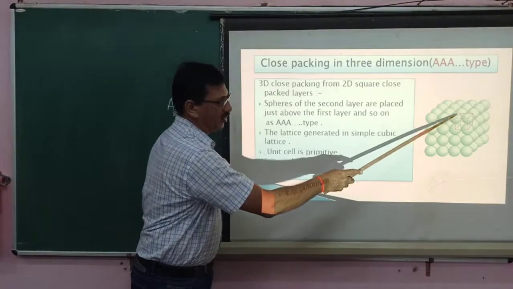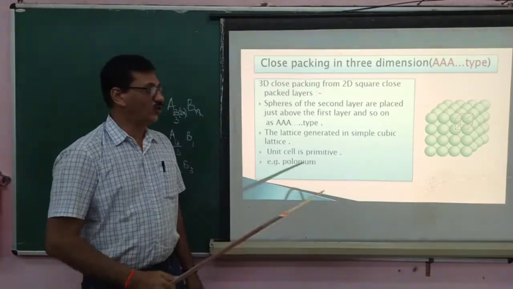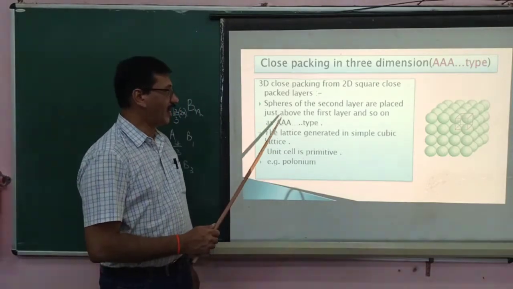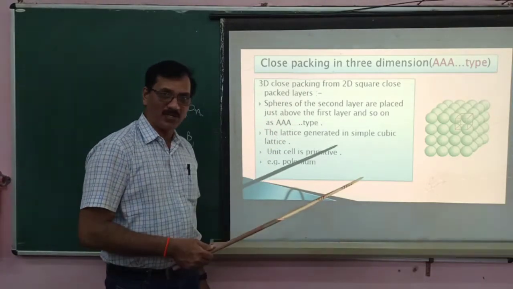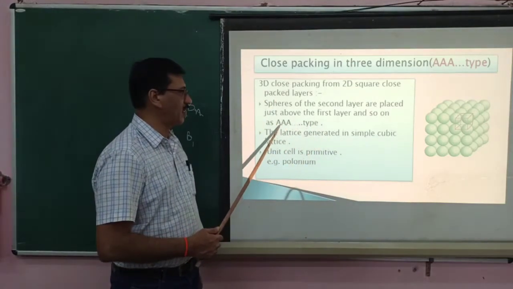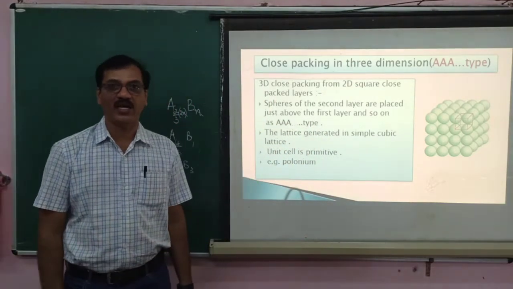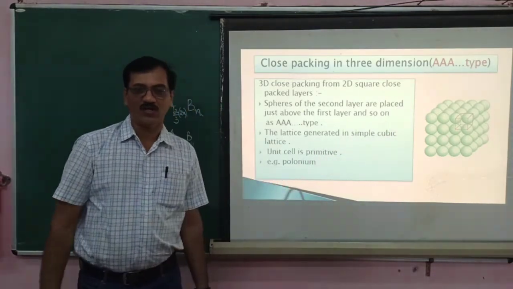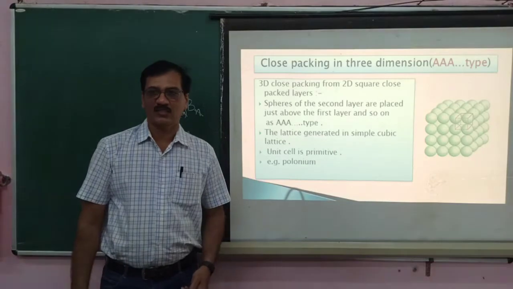So only at the corners particles are there. So this kind of unit cell is due to the arrangement of AA 2-dimensional layers to form 3-dimensional AA type. So this is A layer, this is A layer, this is A layer, and so on. They are placed one over the other similarly.